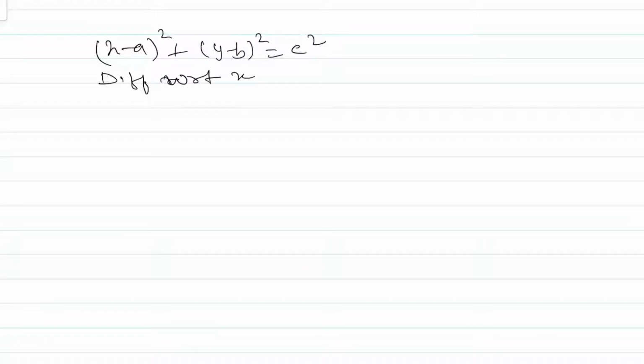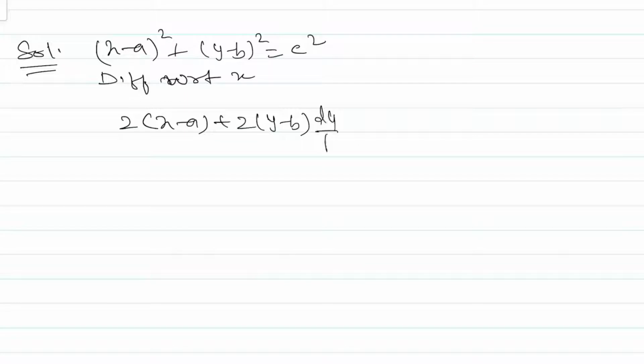We have (x − a)² + (y − b)² = c². Differentiating with respect to x, we get 2(x − a) + 2(y − b) dy/dx, using the chain rule, equal to 0. c is a constant, that's why its derivative is 0.